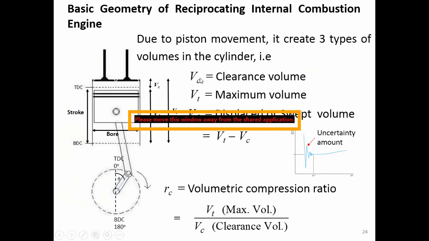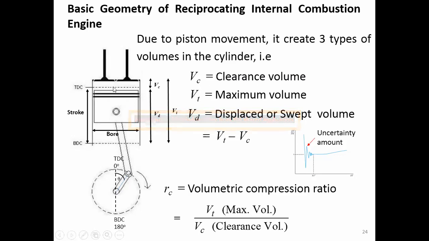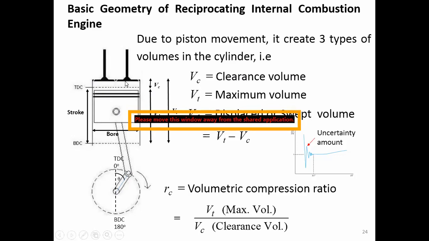The first one, we call it V sub C. This is called the clearance volume. This is the space where the piston never reaches, never goes beyond. It's up right here, the space where the piston cannot go through. We call it the clearance volume.